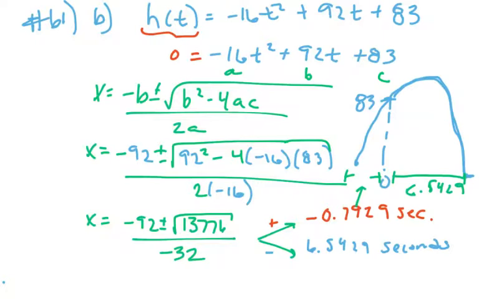So basically, from 83 feet above the ground, for the ball to go up and land again is going to take 6.5429 seconds.